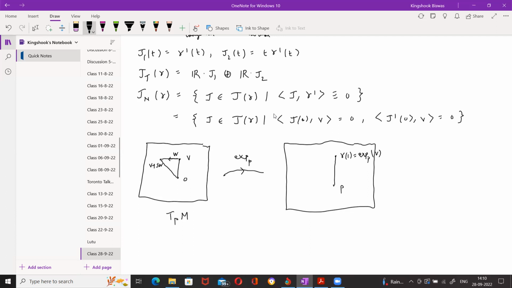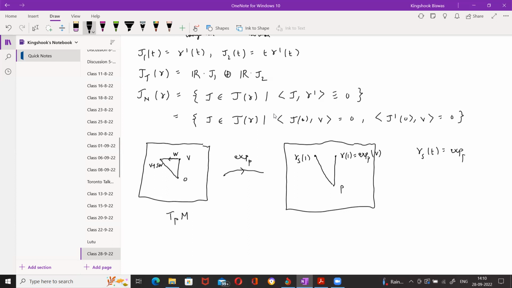And then exponentiating these gives me this one parameter family of curves. So this will be gamma_s(1), where gamma_s(t) is the geodesic with initial velocity v plus sw.